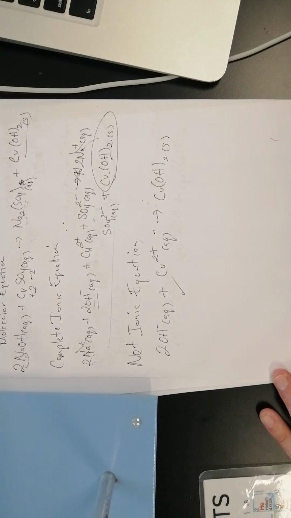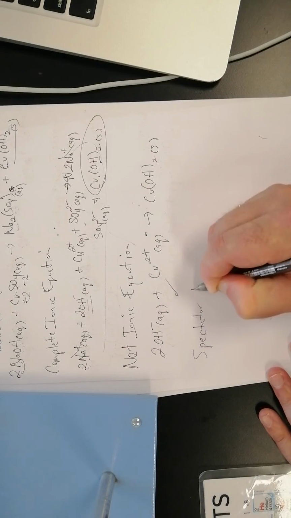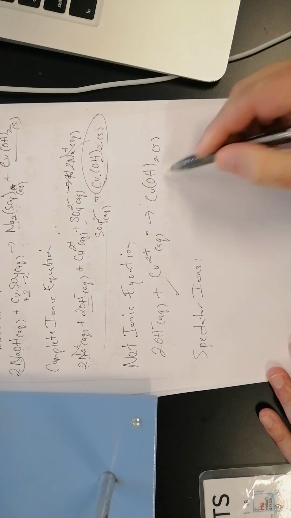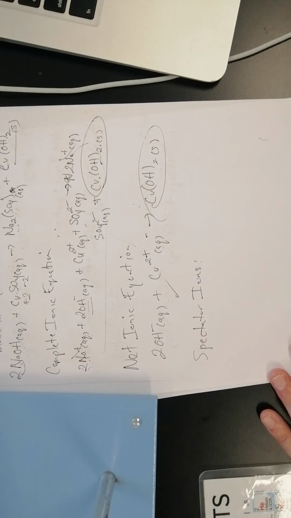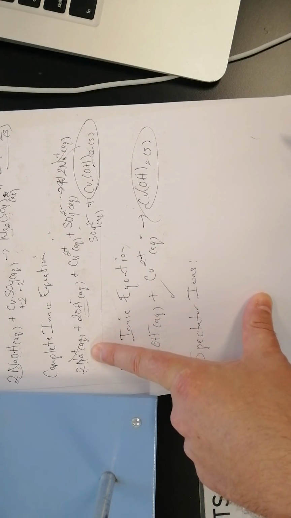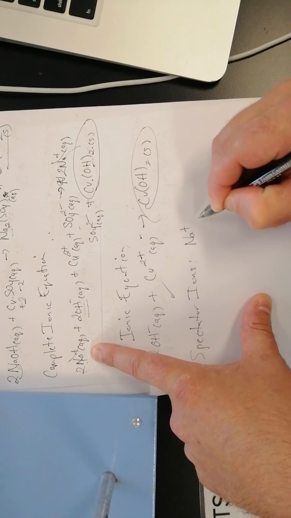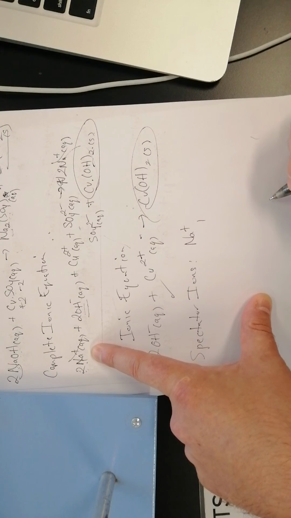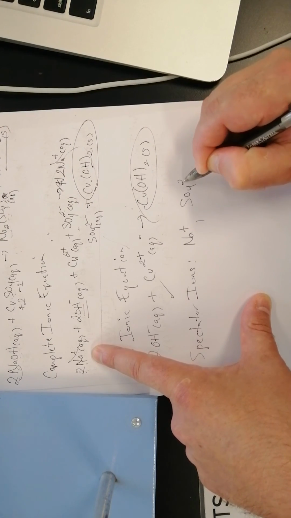The question could ask you to list the spectator ions. Again, those are the ones that are not involved in making the precipitate or sometimes the gas or the liquid. So in this case, it'd be the ones that we took off from both sides. Sodium would be a spectator ion here, and the sulfate ion as well.